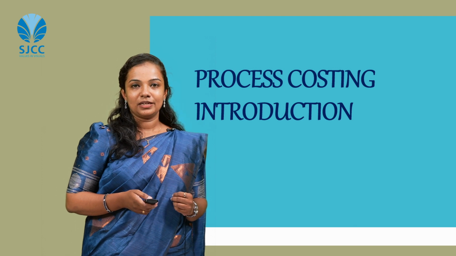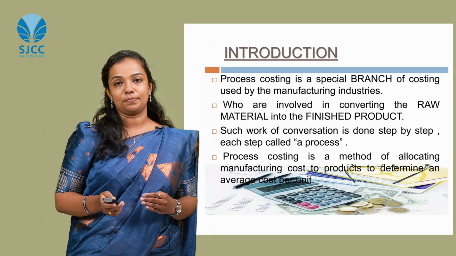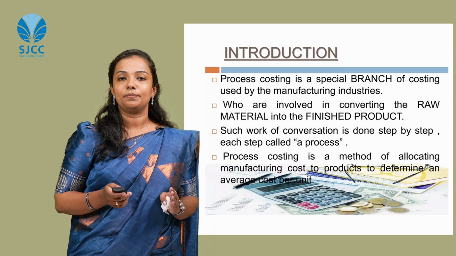Let's start. Now, first to understand the meaning of process costing. Process costing is a special branch of costing used by manufacturing industries who are involved in converting the raw material into the finished product. Such work of conversion is done step by step, each step called a process.